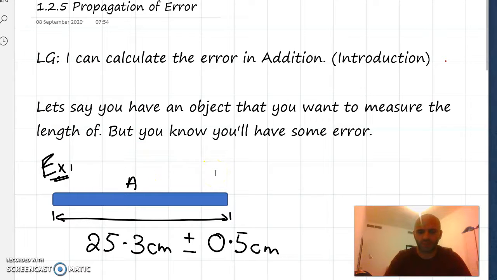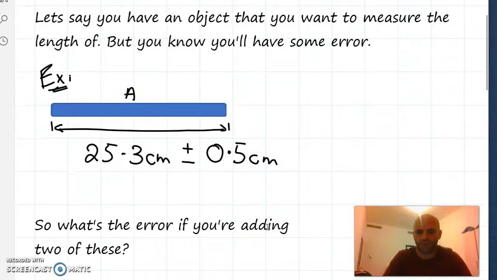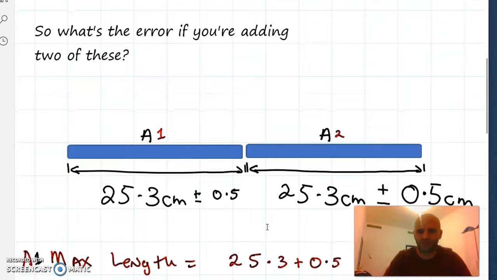So let's say, for example, we've got an object A, and it has been measured to have an average length of 25.3 centimeters. And we know that we've got a certain amount of error, and that's plus or minus 0.5 centimeters. So what happens now if I'm now going to add two of these?